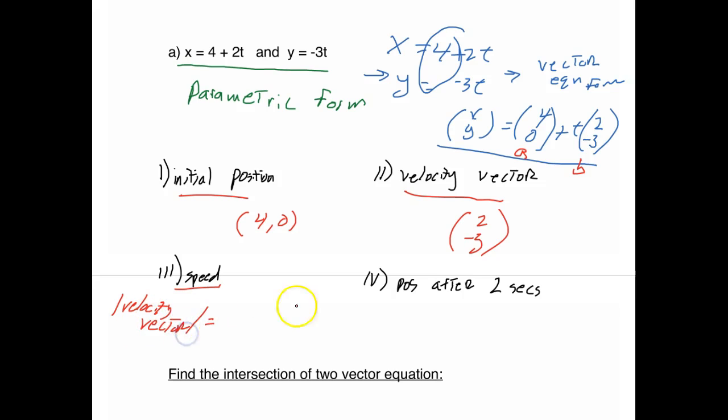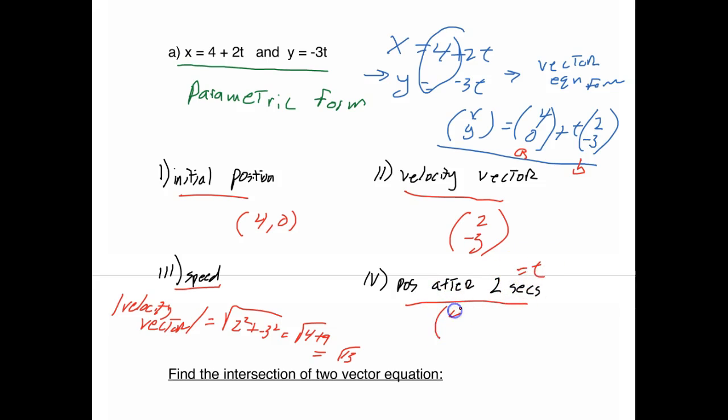So we just use the magnitude formula on this one. So that's going to be square root of 2 squared plus negative 3 squared, which is 4 plus 9, or radical 13. And then the position after 2 seconds, just plug that in for t.